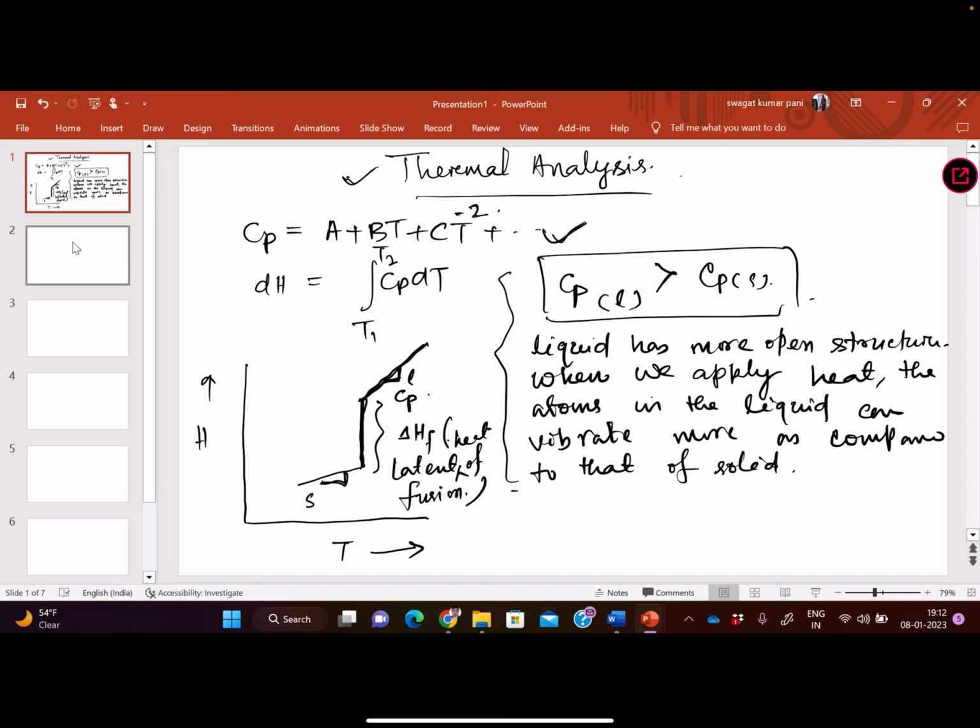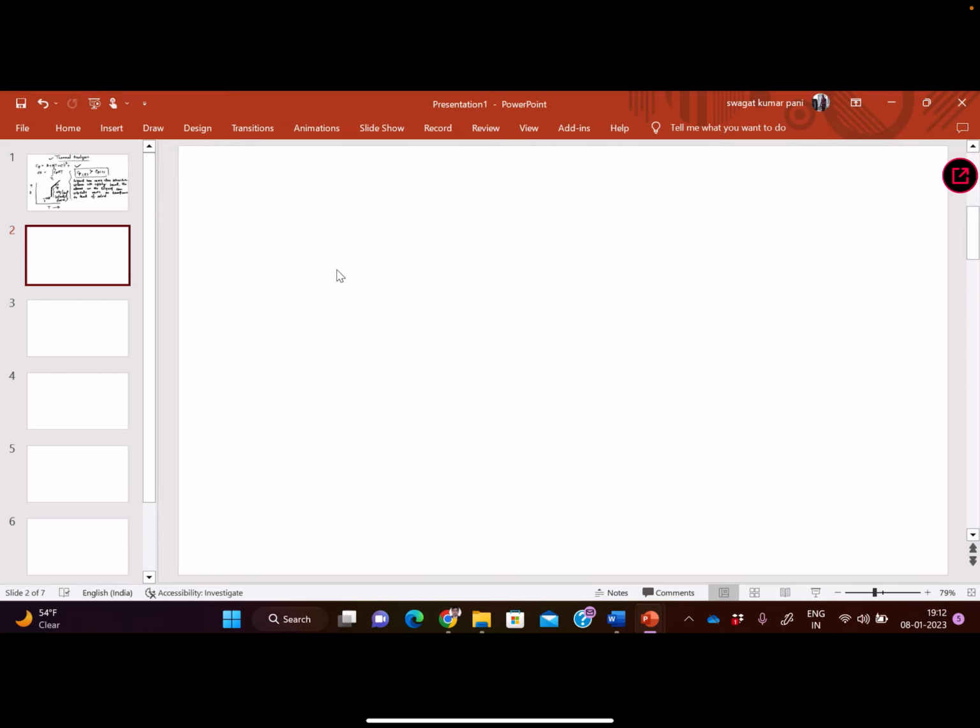Now let's look at phase transitions, like first order and second order. What does that mean?